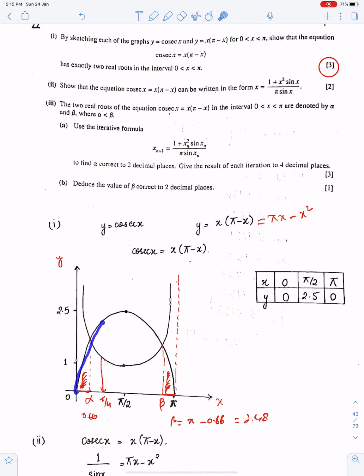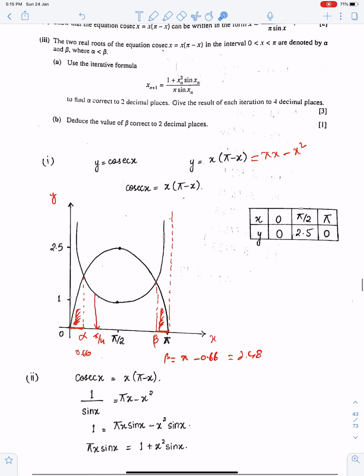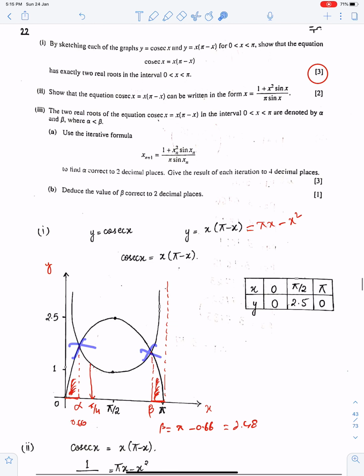So this is the graph of this quadratic function, and cosec x, you know how to sketch cosec. So there are two solutions according to this sketch, and we had to show this. There must be two solutions. We have shown this.